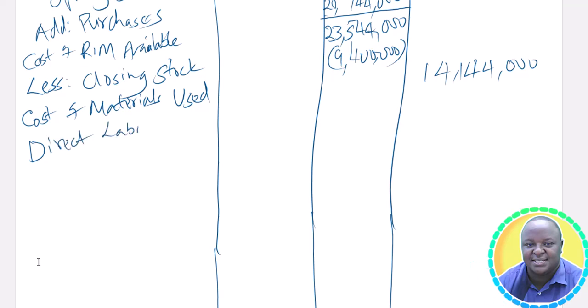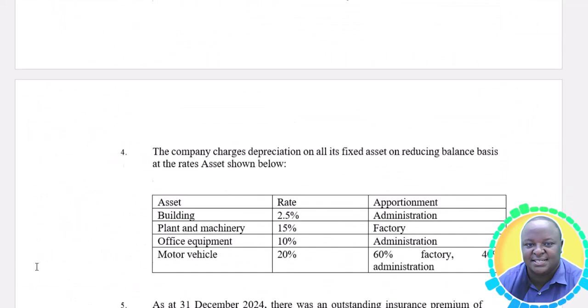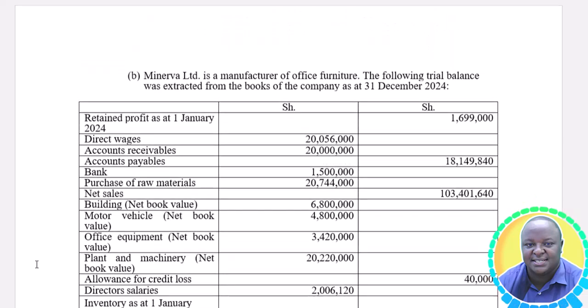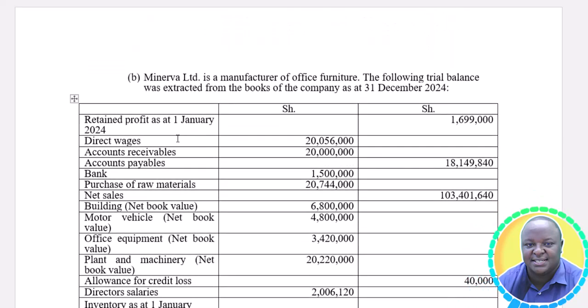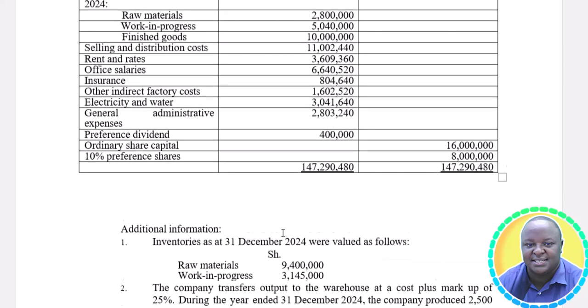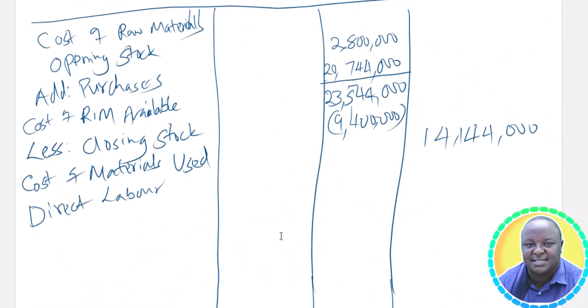We add direct labor. For direct labor, we were given direct wages, which is the same as direct labor. Direct wages was 20,056,000. So we add direct labor, which is 20,056,000. If you add that, you will get 34,200,000.